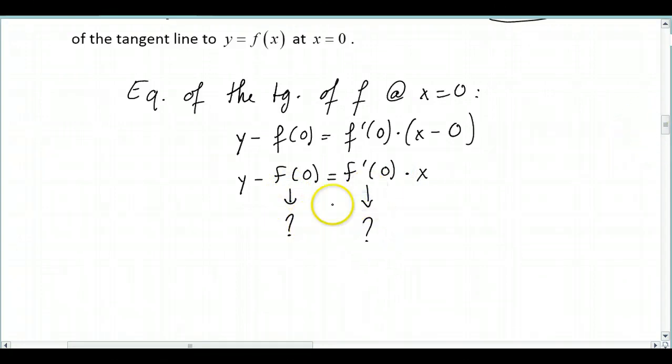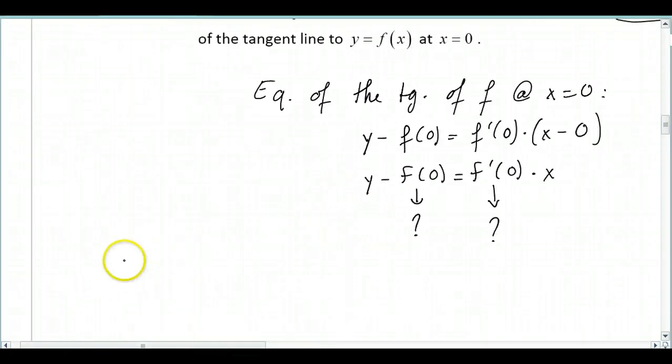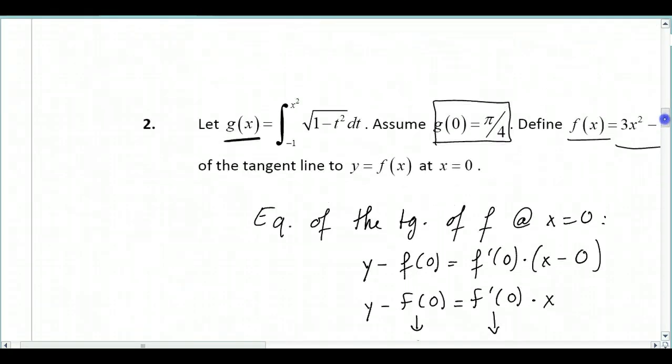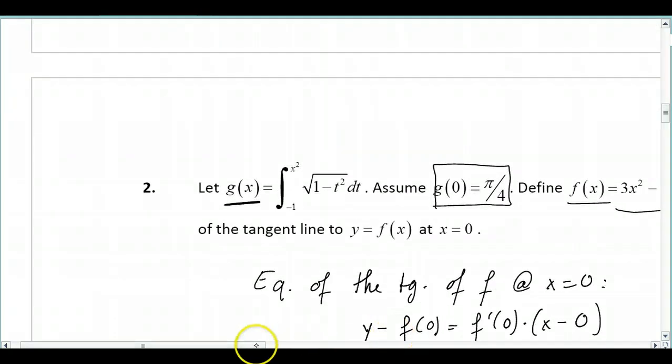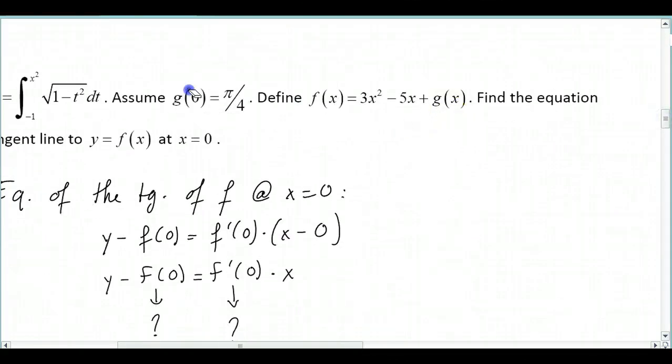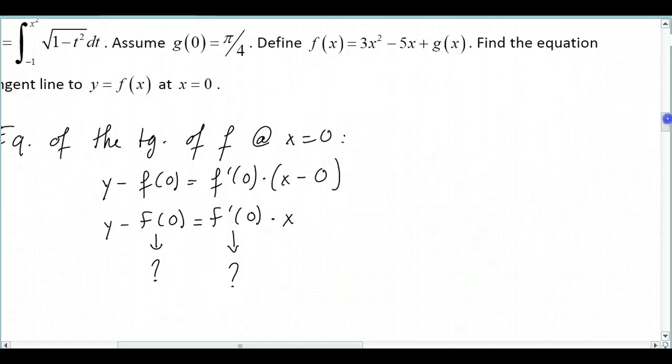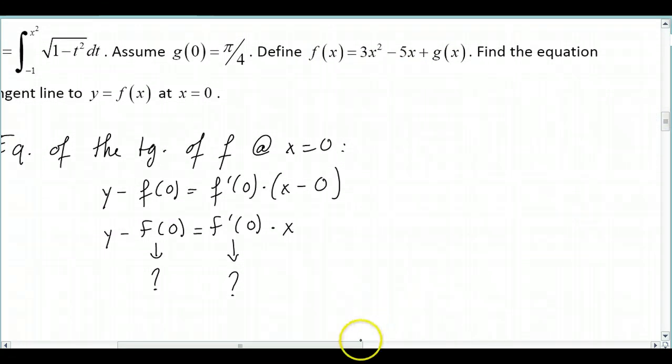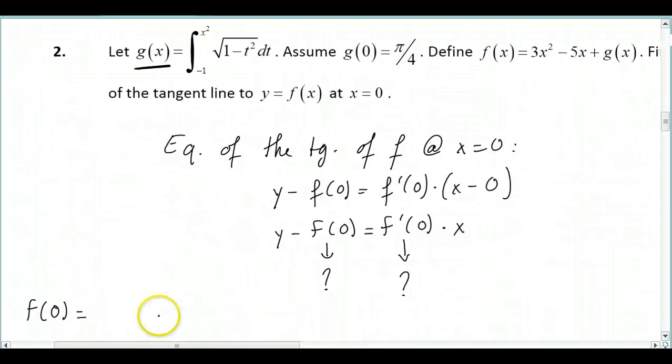Well, f of 0. Let's check out the expression for f of x. F of x is right here. So f of 0 is 3 times 0 squared minus 5 times 0 plus g of 0.